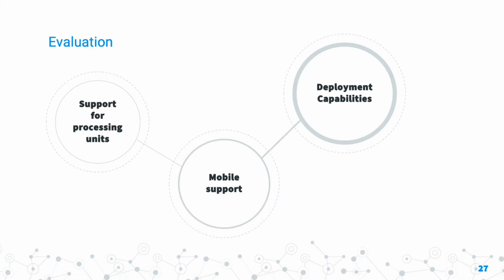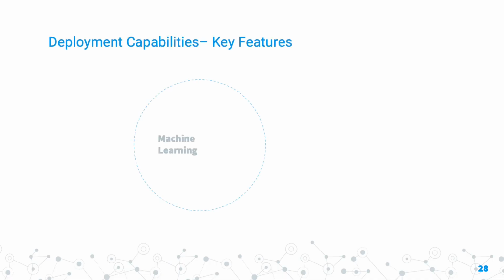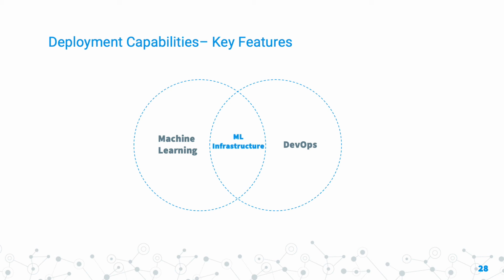And the third part of our evaluation is the deployment capabilities. The deployment capabilities are an important aspect, and they're the intersection between machine learning and DevOps, a new field called machine learning infrastructure.